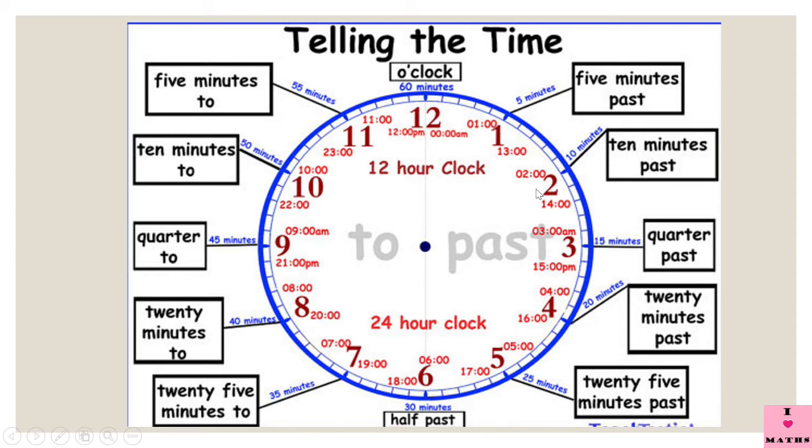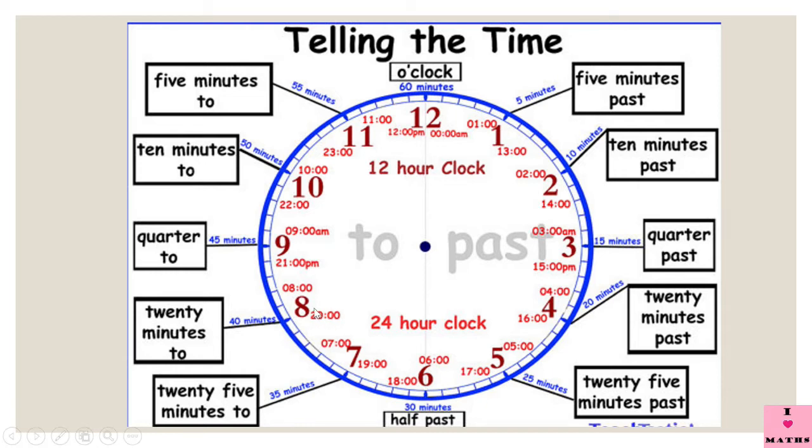So 2 p.m. is 1400 hours. 12 plus 3 is 15. So 3 p.m. is 1500 hours. 12 plus 4 is 16. So 4 p.m. is 1600 hours. Same way, 12 plus 8 is 20. So 8 p.m. is 2000 hours in 24-hour clock.